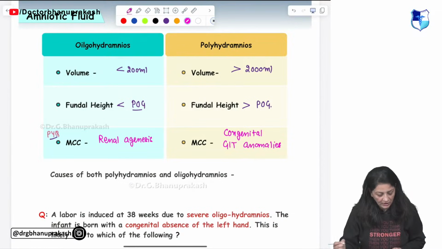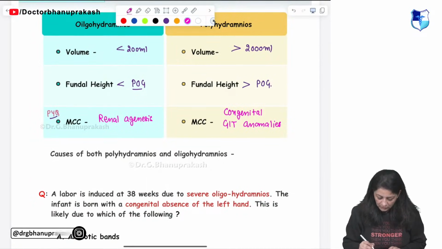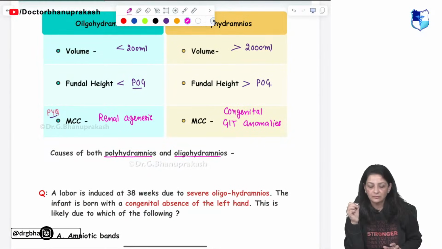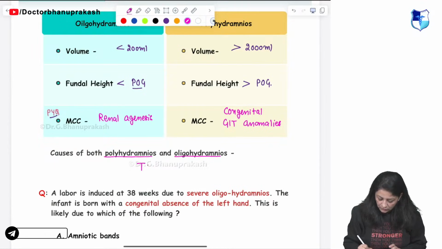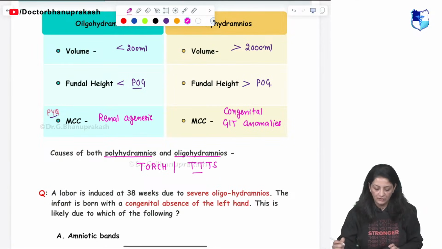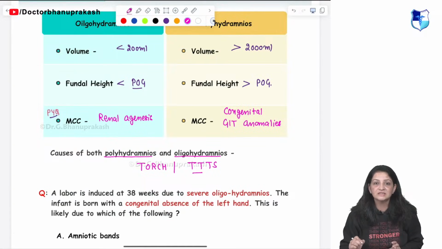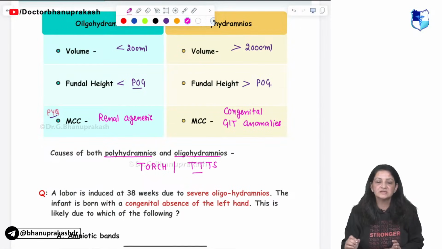What are the causes of both polyhydramnios and oligohydramnios? It's seen in TORCH infections and twin-to-twin transfusion syndrome. TORCH means toxoplasmosis, other which means syphilis, rubella, CMV cytomegalovirus, herpes simplex virus, and twin-to-twin transfusion syndrome.